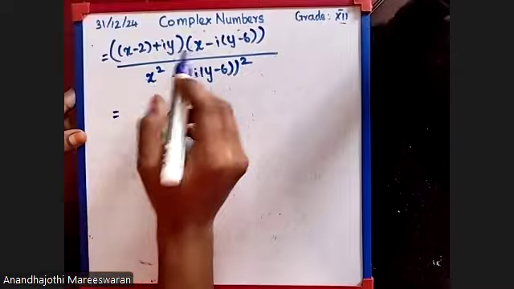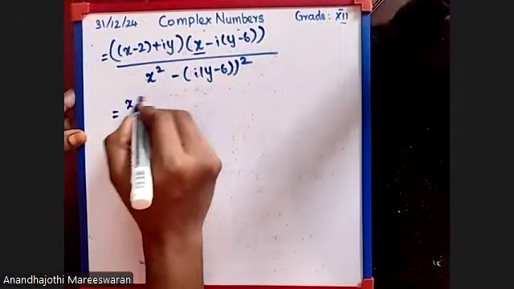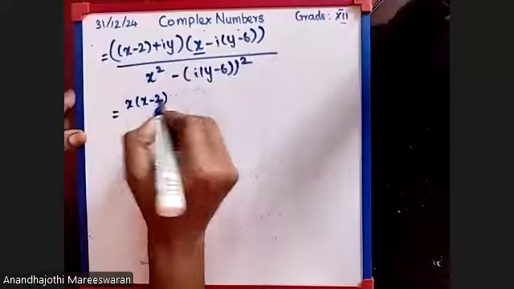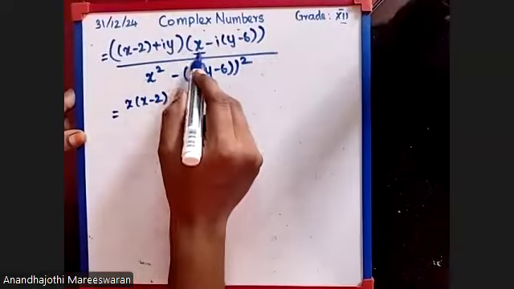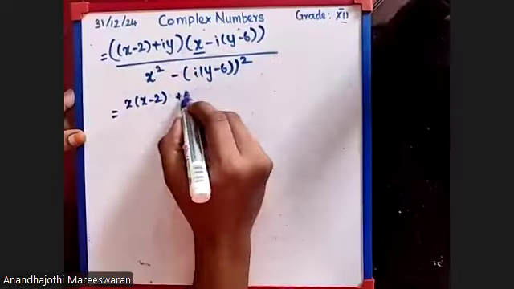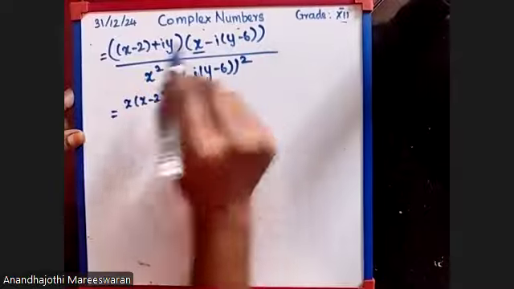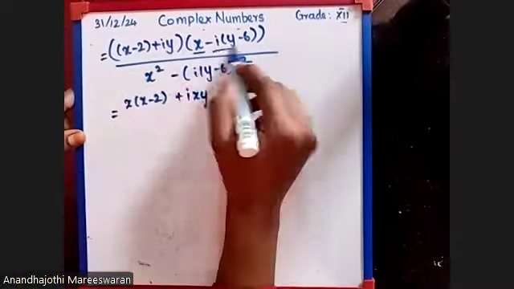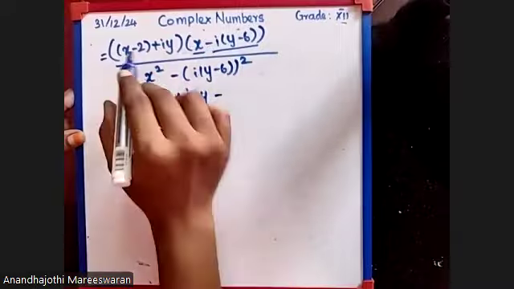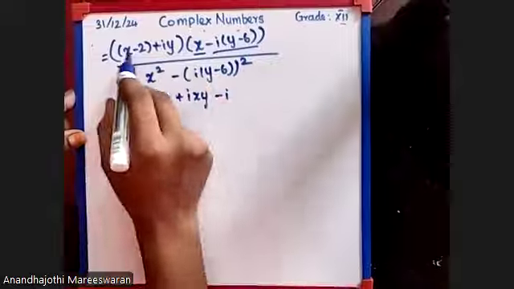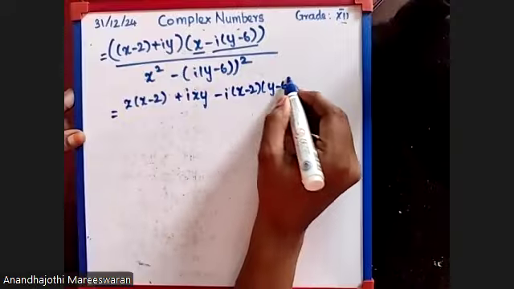Now I multiply both the terms by x. So x multiplied by x minus 2, plus x multiplied by iy, so ixy. Now I multiply these two terms by the second term. So minus i into x minus 2 multiplied by y minus 6.